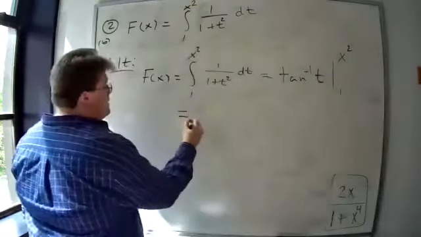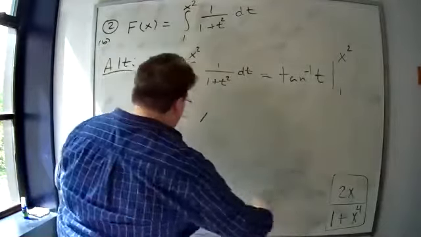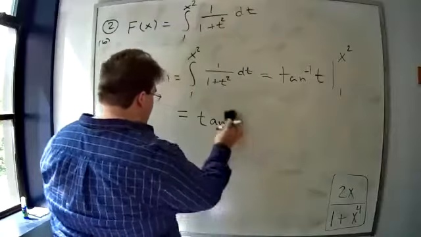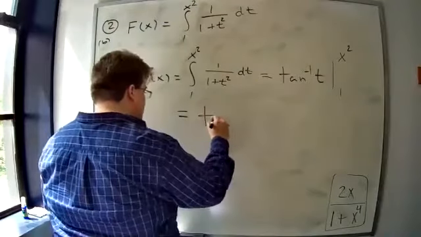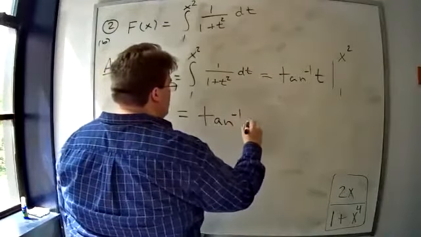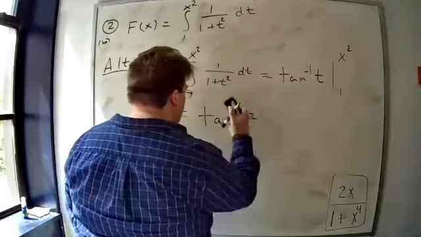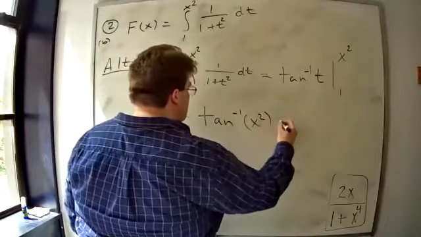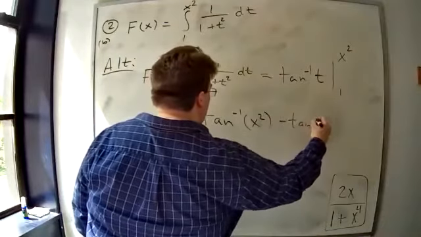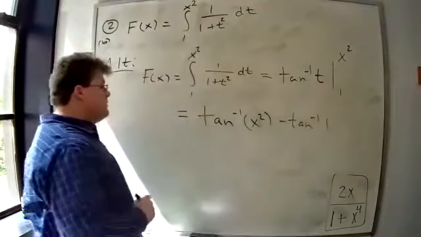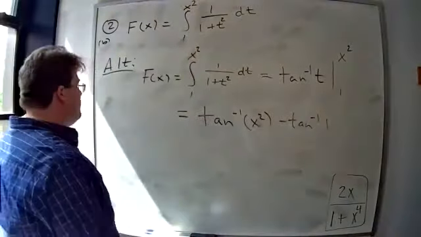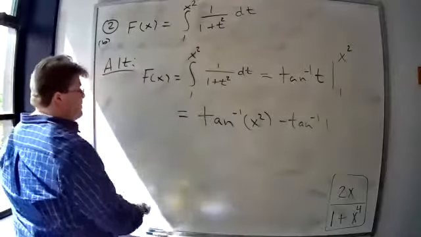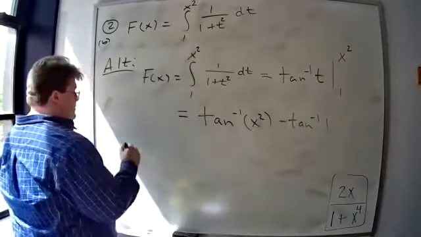If we substitute, what do we get? We get the inverse tangent of x squared, I'll put that in parentheses, minus the inverse tangent of 1, which is pi/4. So that's what f of x is.